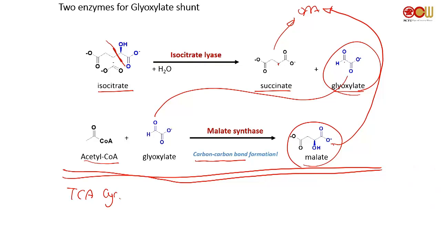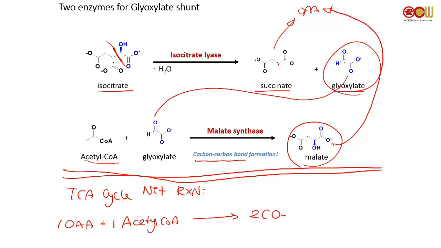Before we leave, real quick, what is the net reaction of the TCA cycle? Let me summarize. The TCA cycle net reaction: 1 acetyl-CoA, and you have OA becomes 2 CO2 and of course OA, so OA will cancel.